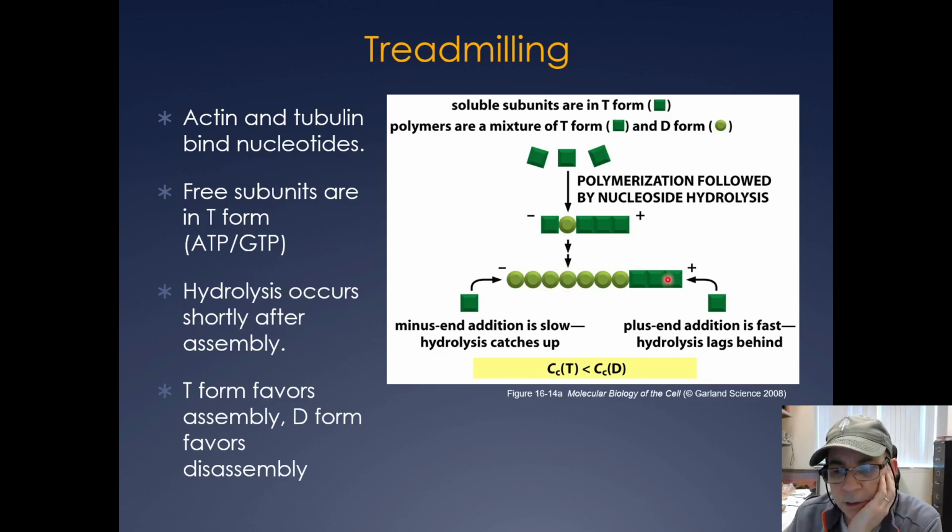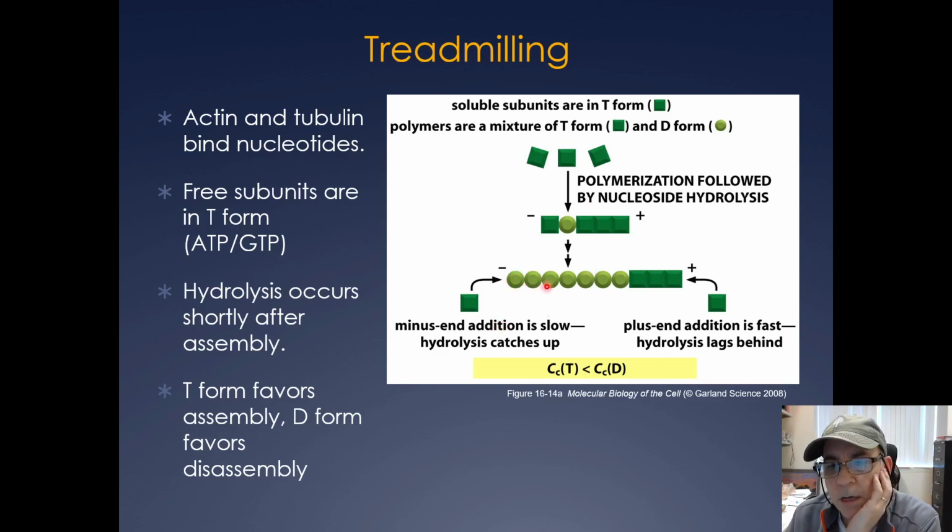And it turns out that addition on the plus end is faster than hydrolysis, so you usually have a plus end cap. Addition on the minus end is a little bit slower, and so you tend to get hydrolysis to the point where addition is much slower.